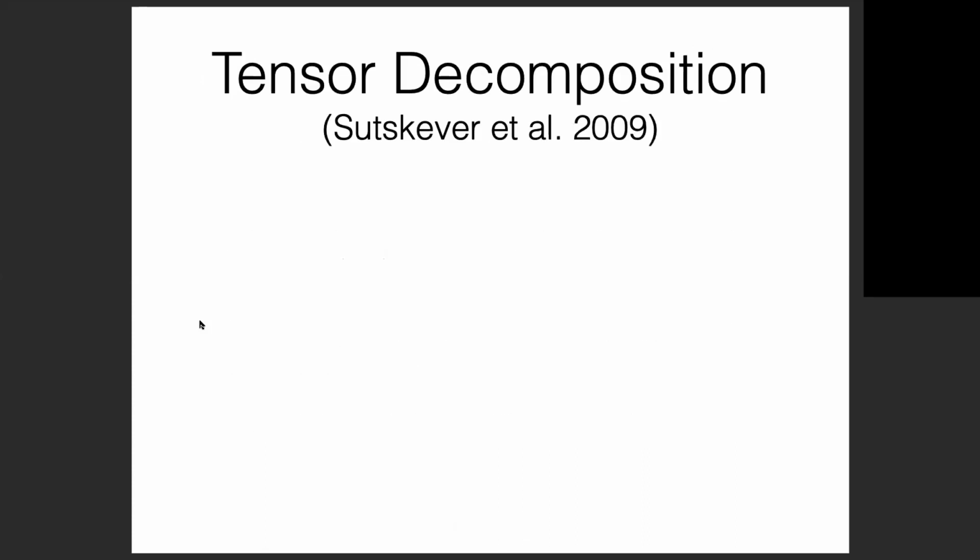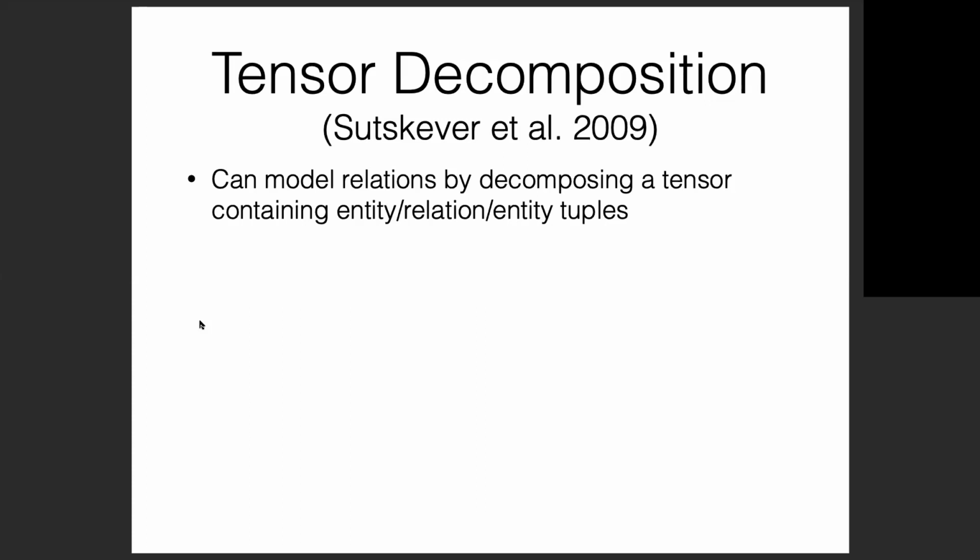For one example of how you could do this, this is a paper by Sutskever et al. 2009. Interestingly, this is what Ilya Sutskever did before making sequence models or other things like that. Basically the idea is that you can model relations by decomposing a tensor containing entity-relation-entity tuples.